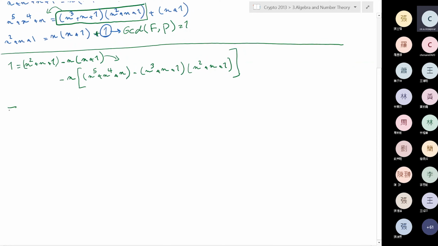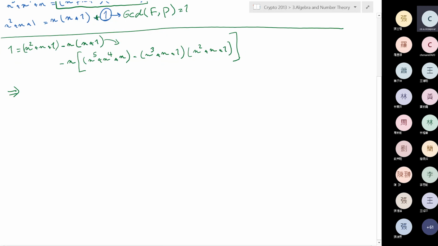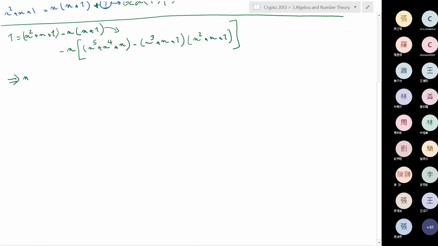So this means that the entire thing that I get is x2 plus x plus 1 minus, if I apply this x on both sides, I get minus x, x5 plus x4 plus x plus x times x3 plus x plus 1, x2 plus x plus 1. Okay? So I didn't do anything. I just applied the x all over.